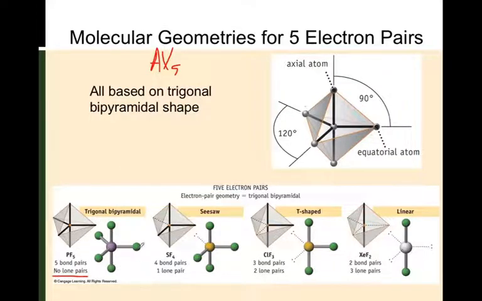So everything on this page is based on the trigonal bipyramidal shape. So this is the electron pair domain. So we're talking about 5 electron pairs, but that's not the same as 5 bonds, not the same as 5 bonding interactions. So in the case of PF5, we do have 5 bonds, we have no lone pairs, and we have a trigonal bipyramidal molecular geometry.